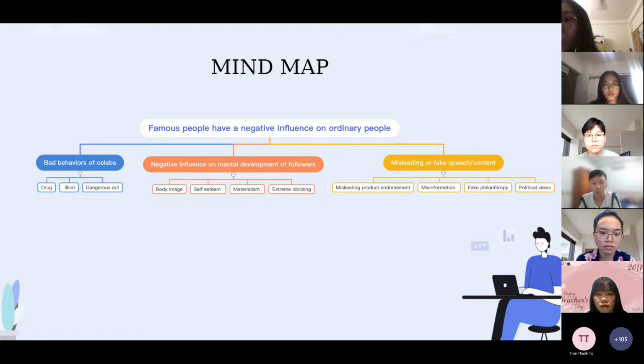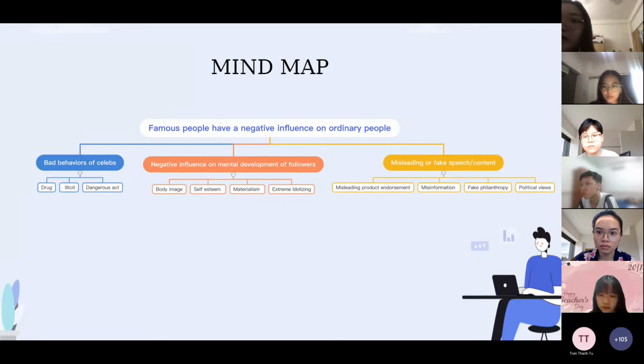For the misleading or fake speech or content, this one is causing also a lot of harm. We have misleading product endorsement, causing you to buy unsafe products, etc. Misinformation, right? Because we tend to believe the people we idolize. Fake philanthropy, meaning that doing charity but with a different intention, do more harm than good.